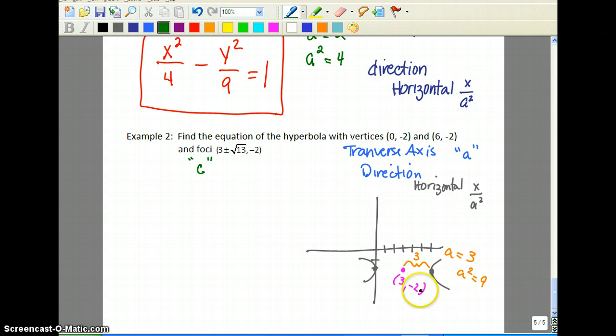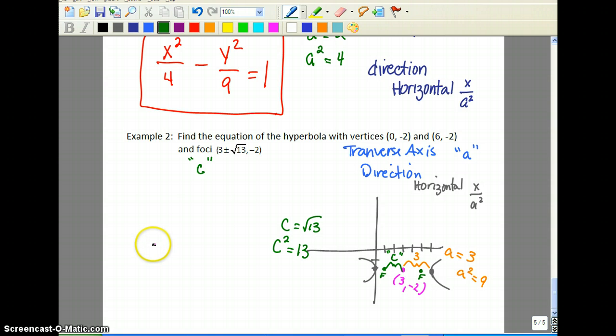Here's your center, and the foci are at 3 plus √13, -2, and 3 minus √13, -2. So from doing all of the problems the other way, we know that the distance out to the foci is c, and what is it that they added to it and subtracted from it? We would say that c has to be root 13. So c squared has to be 13.